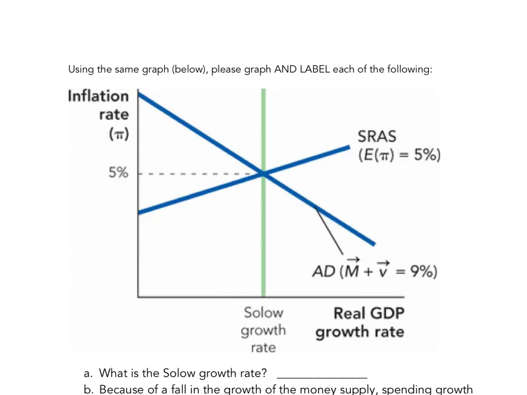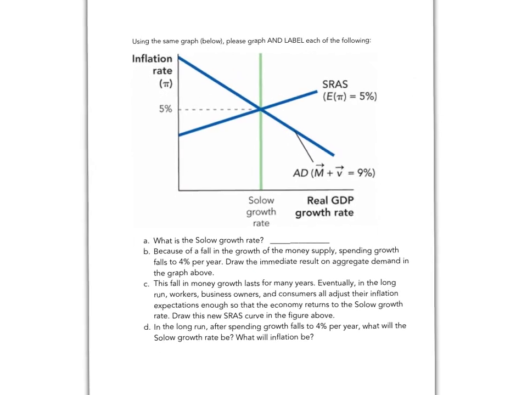Alright, so now we turn our attention to what happens when conditions change. This was on your worksheet, and you're being asked to graph the Solow growth rate and what happens when conditions and aggregate demand change. So the Solow growth rate, given the first aggregate demand curve here, where aggregate demand spending growth is 9% per year and inflation is at 5%, the residual is 4%.